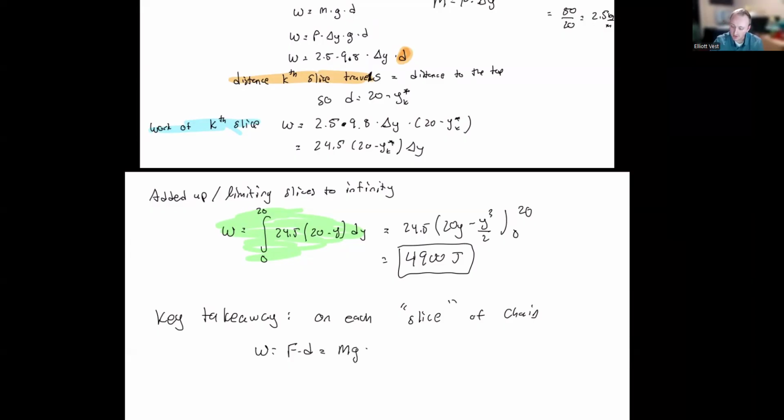Force gets broken up into this. Mass gets broken up even further. And then we just interpreted all of these things together in the context of the problem to get an expression in terms of y. Once we have the expression in terms of y, integrate it, and you're good.